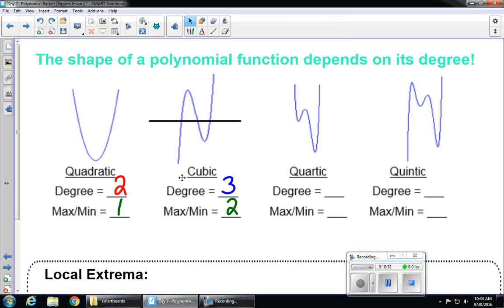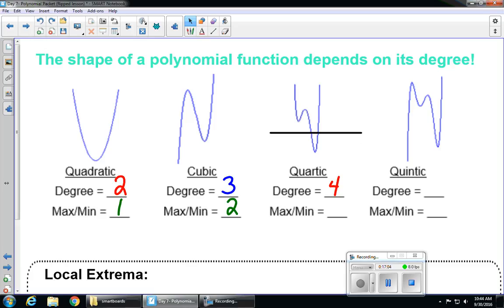Now if we take a look at our quartic function, that's a degree 4. So that means we can have up to 4 solutions. So let's take a look. I can have 1 solution. I can have 2 solutions. And remember, my solutions are the same thing as my x-intercepts. So in this case, it's where it's crossing the line. If I go back here, it touched it once, so that would be 1 x-intercept.